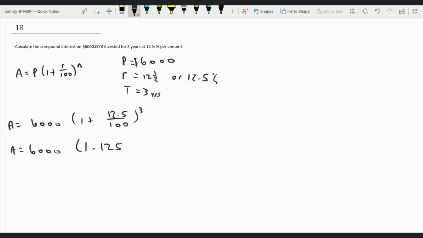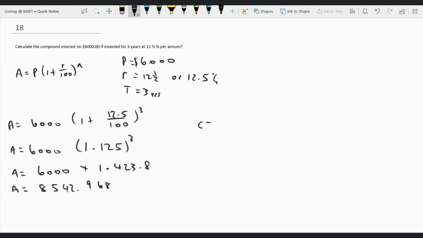We know 12.5 is equal to 0.125 as a decimal fraction. Finding now the cube of that, A is equal to 6,000 times 1.4238. All right, so our amount should be 6,000 times this number, which gives us 8,542.968. Just trying to write all of it out.